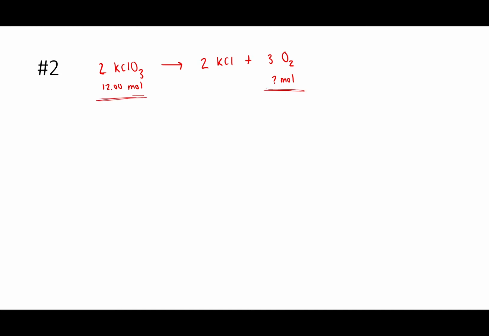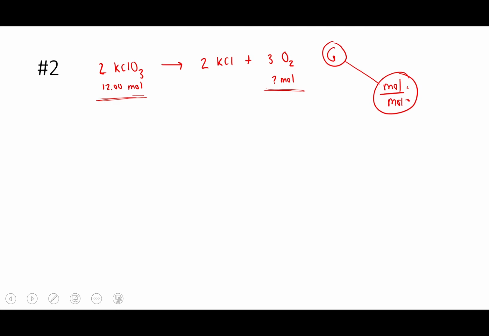So the only way that I can change my compounds is by using a mole-to-mole ratio. So I'm going to go ahead and draw up the section of mole island that I'm interested in. Gram, mole, and mole. But I want you to see this problem didn't give me grams to start with. So I'm already starting here on mole island, and in order to get to moles of oxygen gas, I'm just going to use a mole-to-mole ratio.